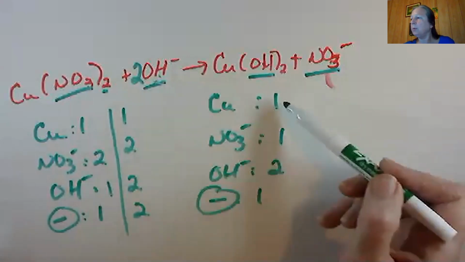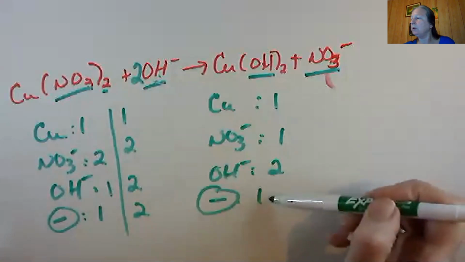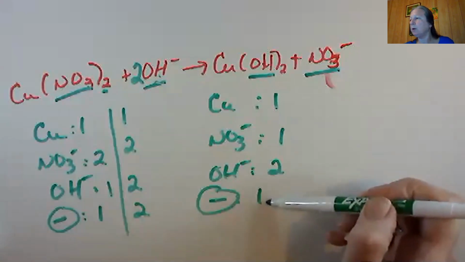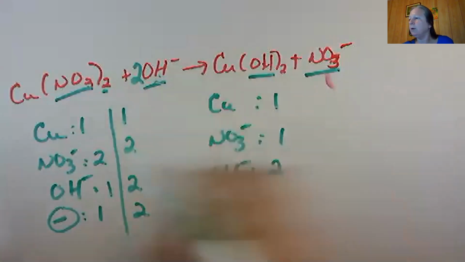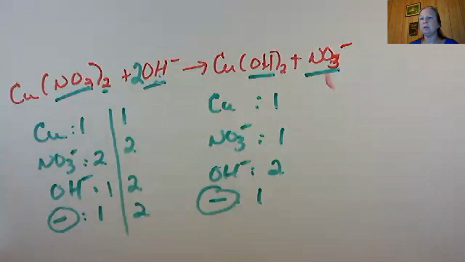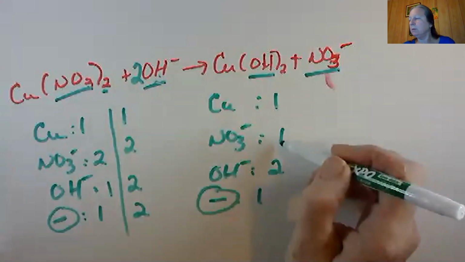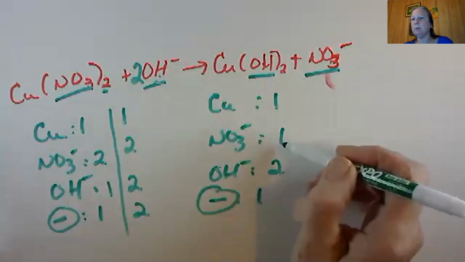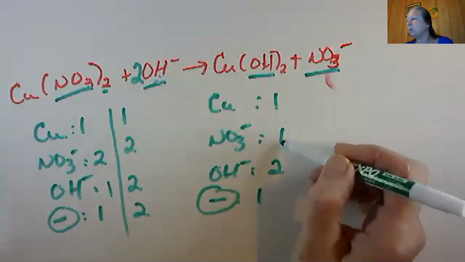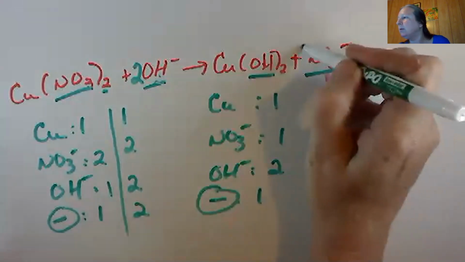So 1 copper, 2 OH. All right, so I have a disparity now with my charge and with my nitrate. So you do the charge last, because often when you do the molecules and the atoms, you will take care of the charge, but you always double check your charge. So I need to have 2 nitrates over here.